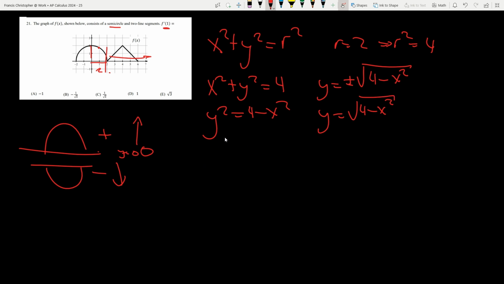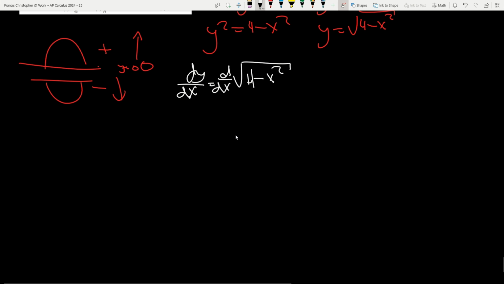Now finding dy dx is a lot easier because we can just take the derivative of both sides again. So dy dx equals d dx of the square root of 4 minus x squared. And this looks like a chain rule problem. Our inner function g is 4 minus x squared because that's what we do first, and our outer function, or parent function, is x to the 1/2.